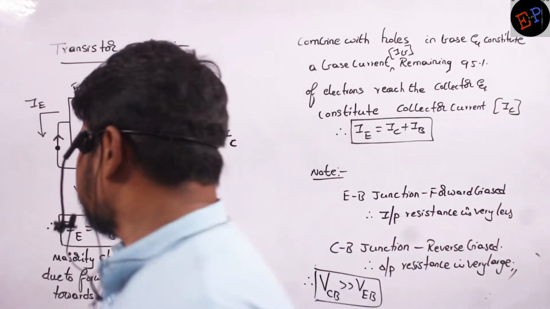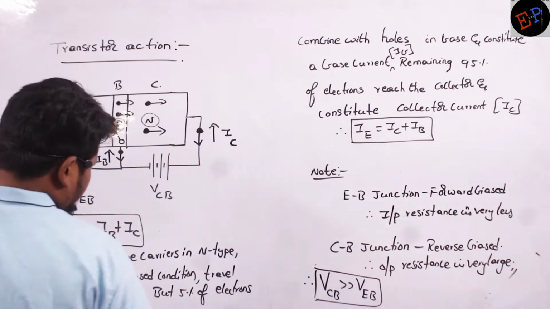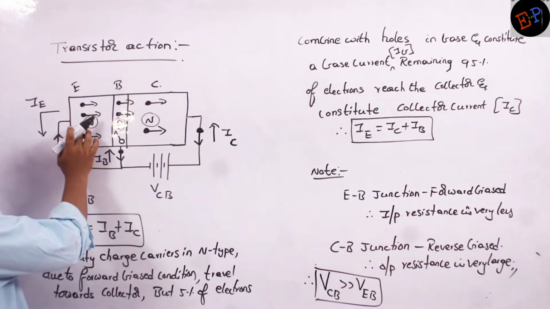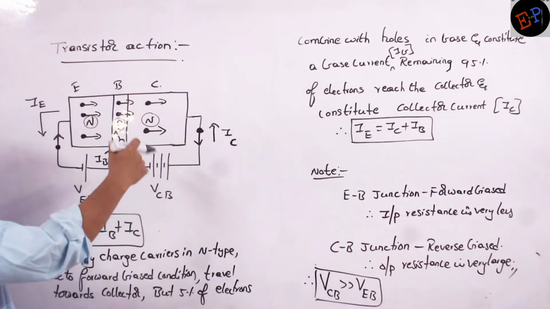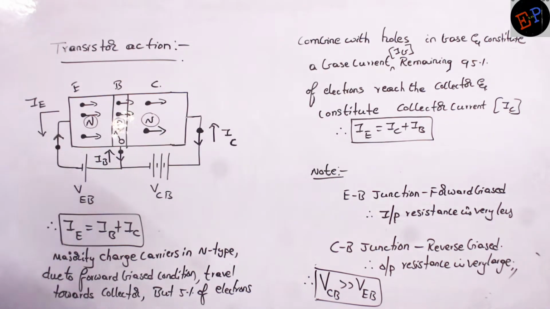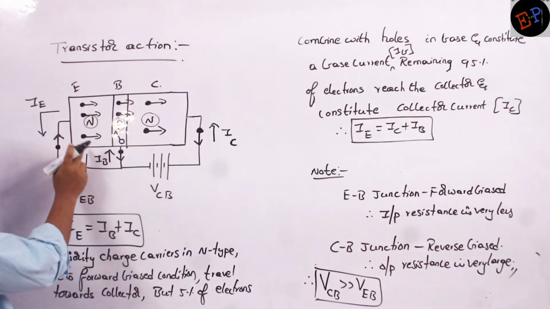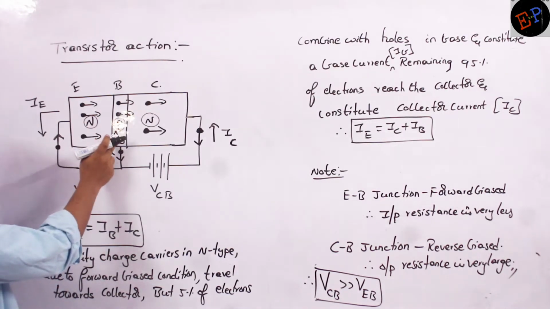Now we will study how this transistor is working, based on which logic it is working. For example, if I take an NPN transistor, the same operation you can study with PNP also. Everything is the same. In an NPN transistor, the emitter base junction is forward biased.